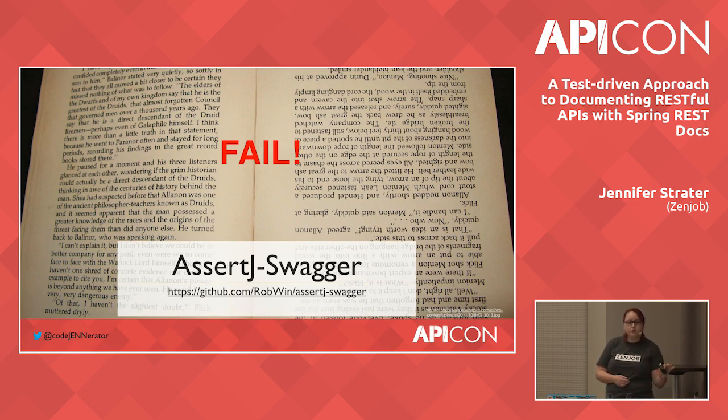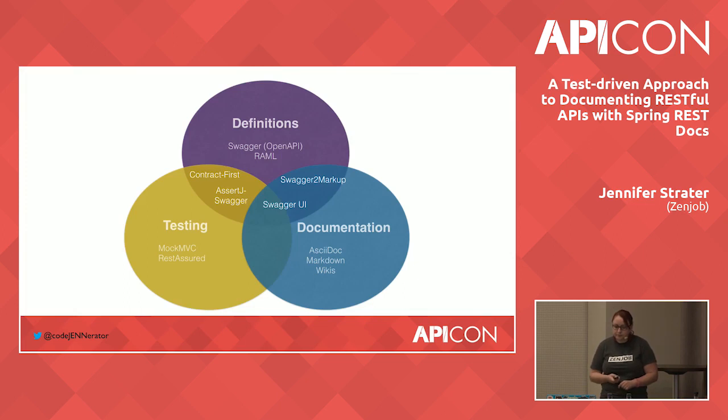It verifies that the Swagger specification that you generated actually matches what you had expected. So if you start making some changes, doing those hot fixes, this will help make sure that those stay up to date. Okay, so that fits in between where the definitions are and some basics of testing and documentation.